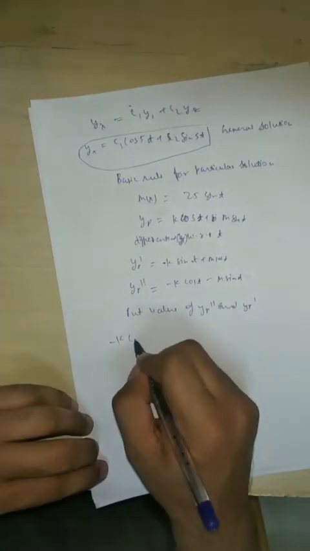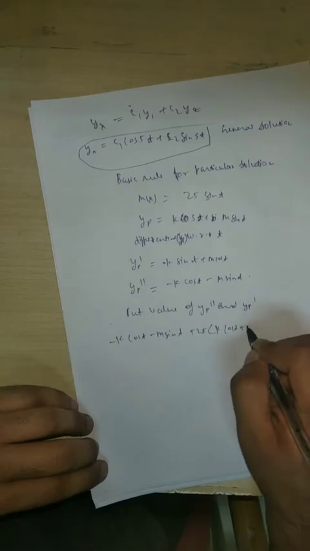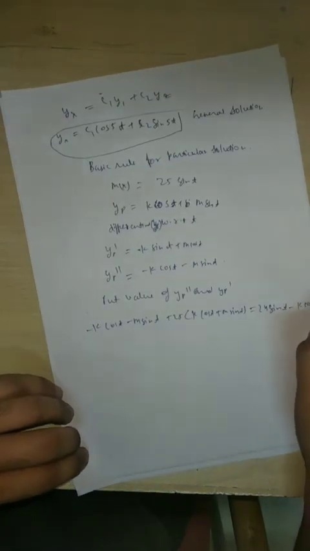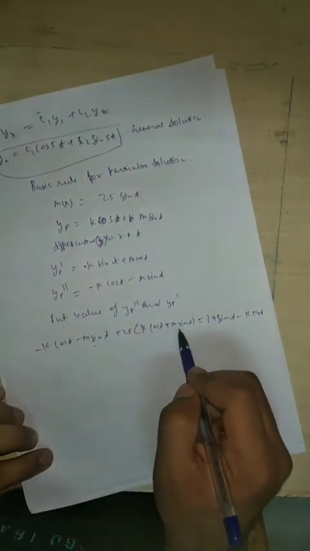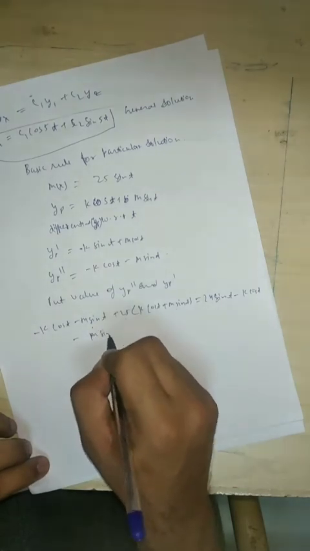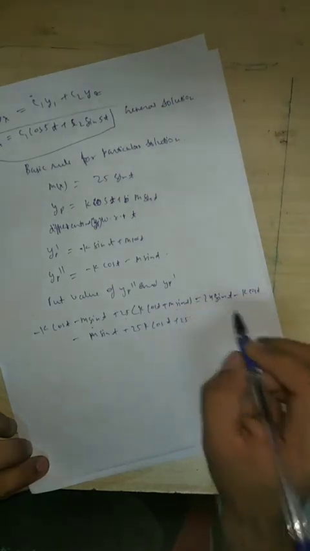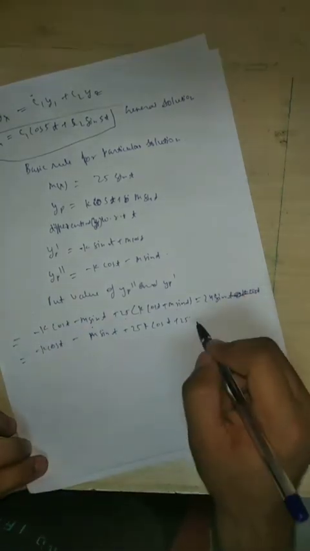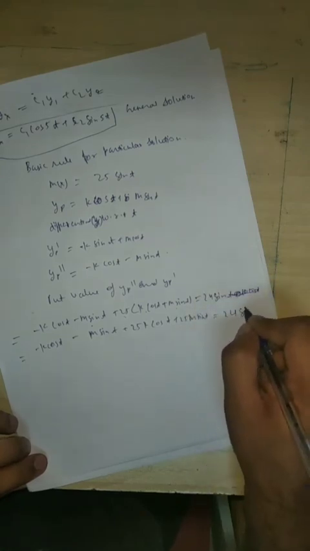So it will come out to be minus k cos t minus m sin t plus 25 k cos t plus 25 m sin t is equal to 24 sin t.